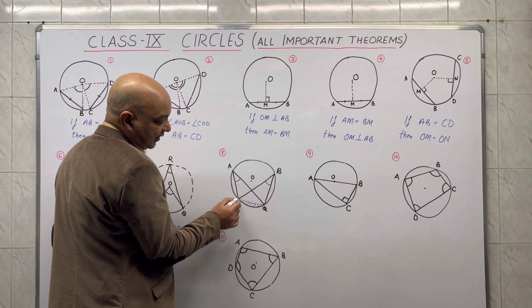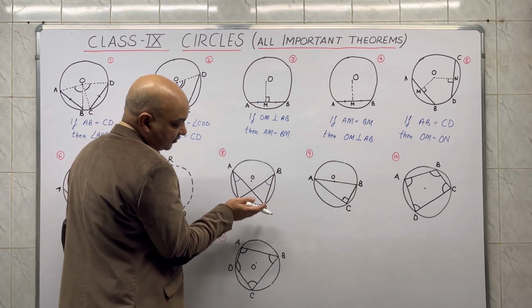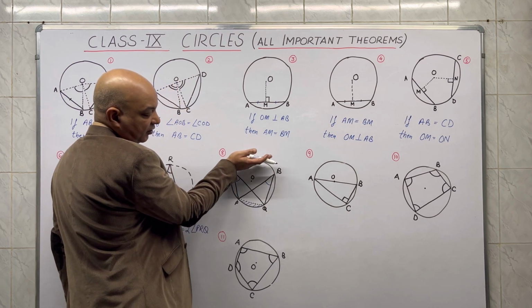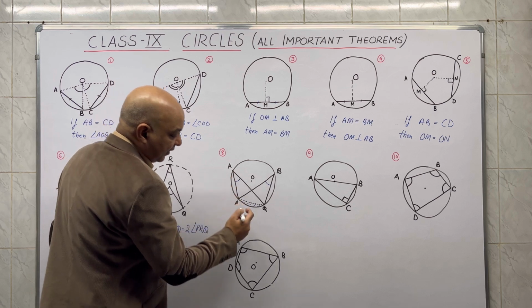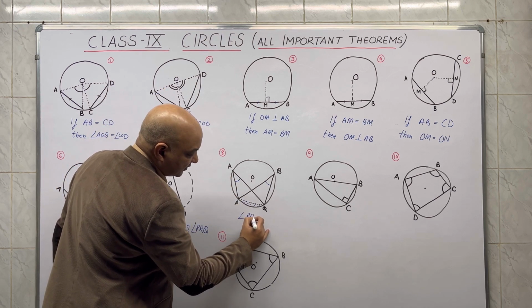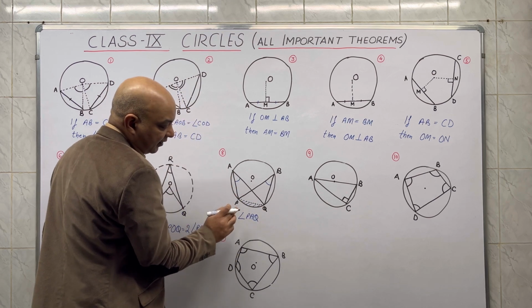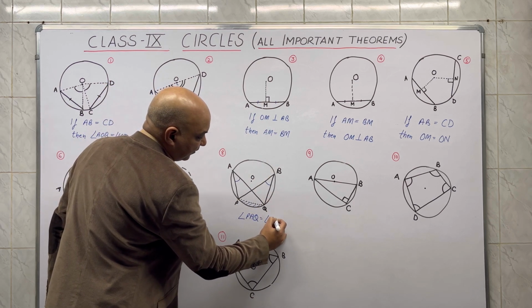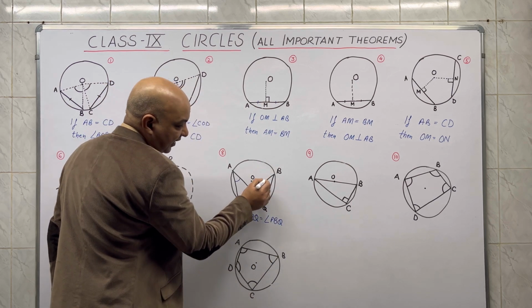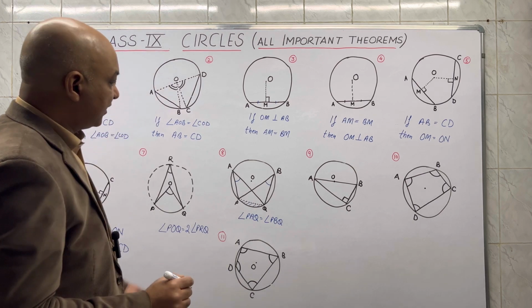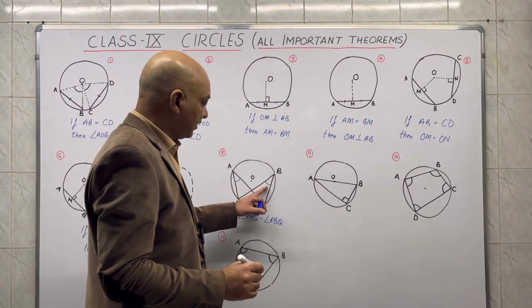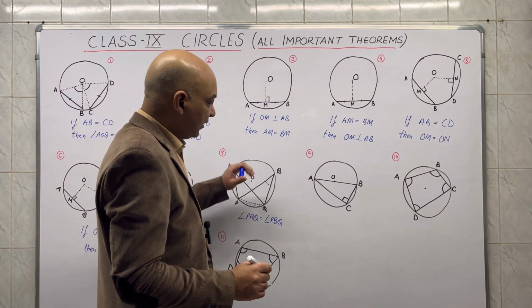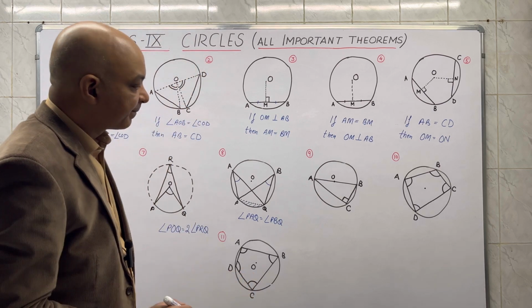Angle PAQ is one of the angles subtended in the upper segment and is equal to angle PBQ. The angles subtended in the same segment of a circle are equal in measure.